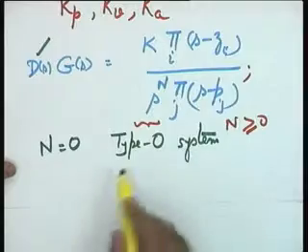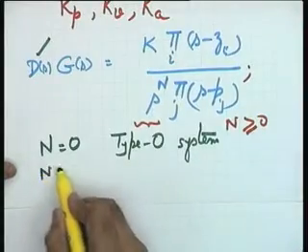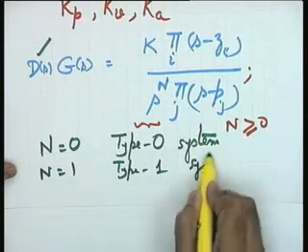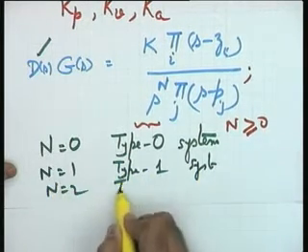This question which I am posing to you will get answered automatically when I take the different values of n with the different values of input combinations. Okay? So, I mentioned n equal to 0 is referred to as a type 0 system, n equal to 1 is obviously a type 1 system, and n equal to 2 is a type 2 system.